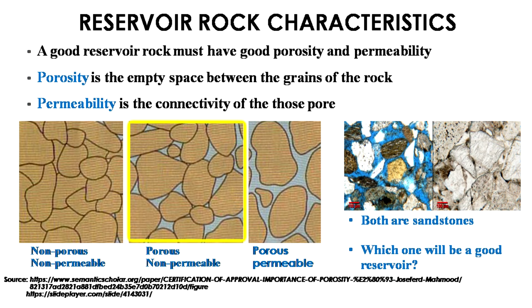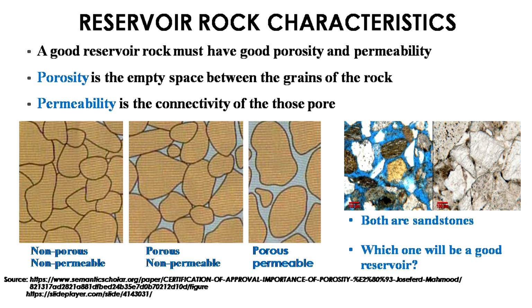So, this is an example of a porous rock, but a non-permeable rock. Now, in this picture you have porosity and the pores are nicely connected. So, fluid can move through the rock. So, this is our ideal reservoir rock, which is porous as well as permeable.